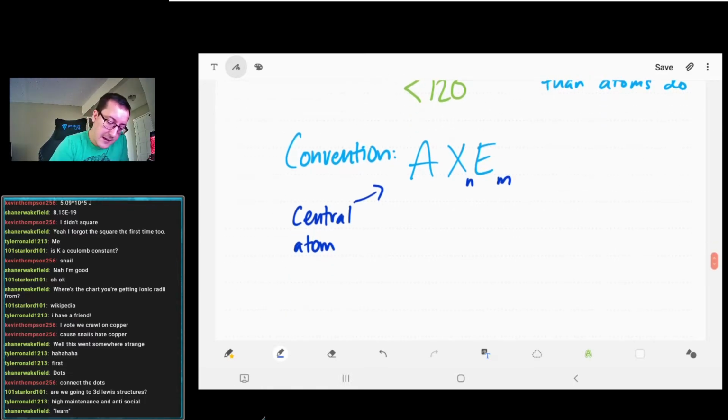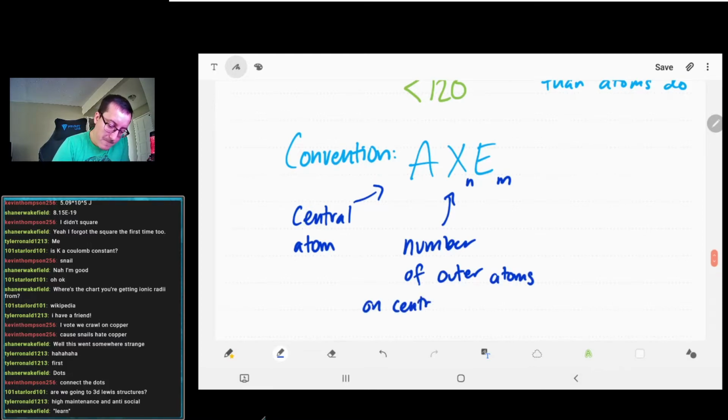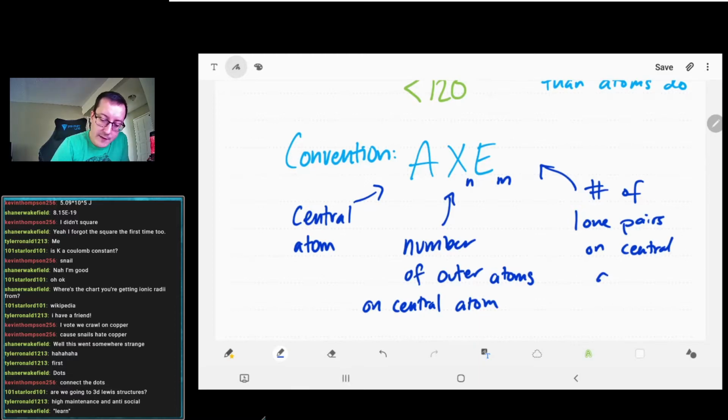For X, that is the number of outer atoms on the central atom. And E is the number of lone pairs on the central atom. So all this stuff we're going to be talking about is related to the central atom. It does not really matter what the outer atoms are.